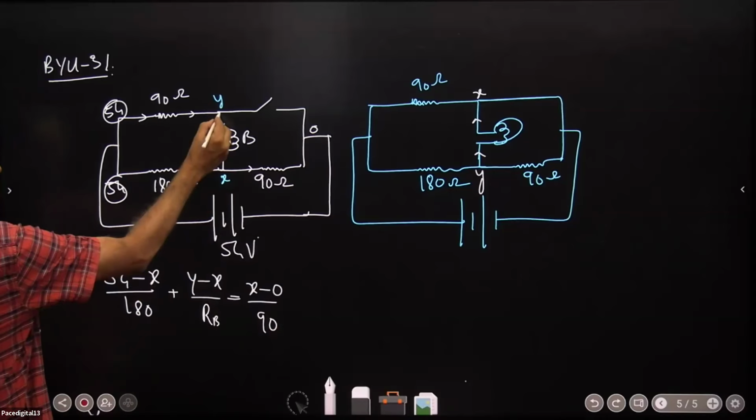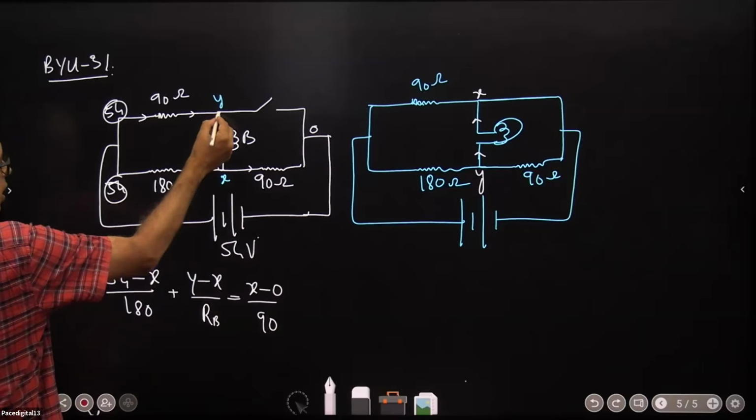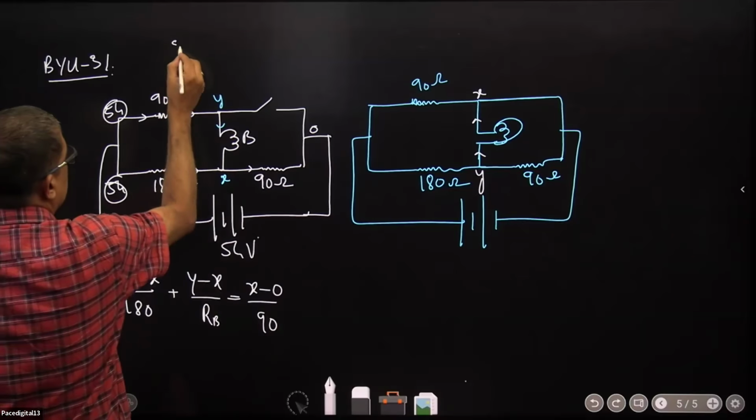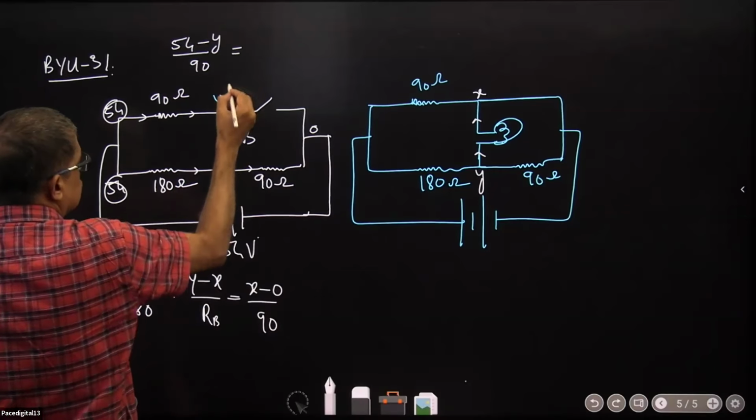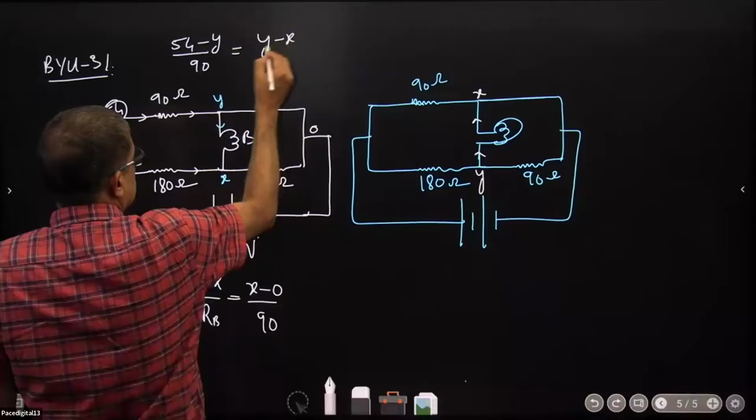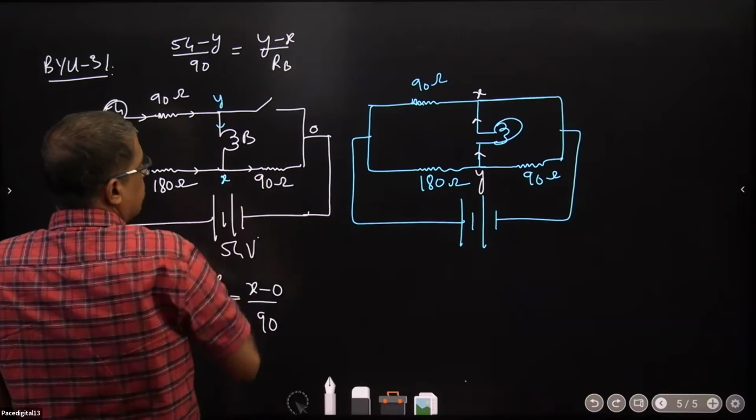This I applied here. Now apply here. Total incoming current should be equal to the outgoing current. 54 minus Y by 90 should be equal to Y minus X by resistance of the bulb.